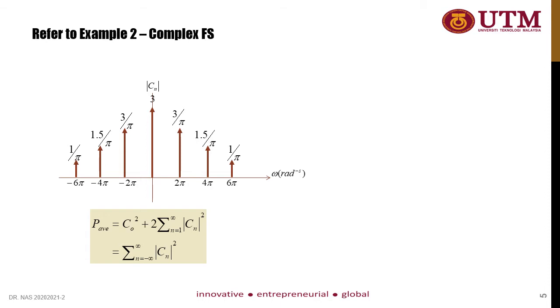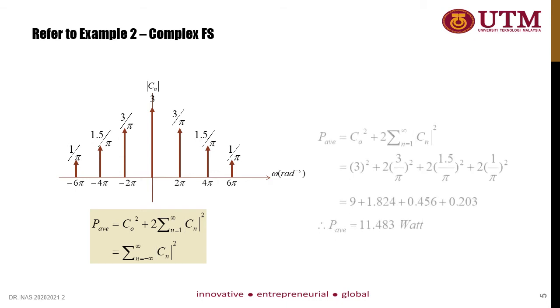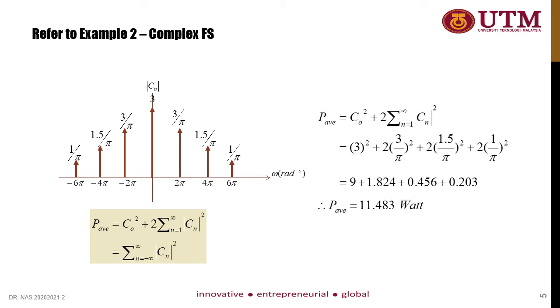In the previous session, example 2, we have the final answer of this spectrum. So how to calculate the P average? You need to consider the coefficients of each of the pulses, both at positive and negative frequencies. So in this case, P average is equal to C naught squared plus 2 times the Cn squared. Okay, so let's start with C naught.